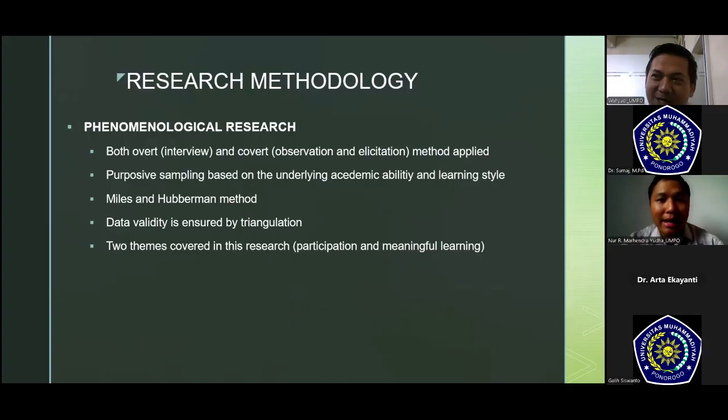If we match the data from the students to the teacher and see some similarities between them, therefore we can conclude that the data is roughly valid. And there are only two themes in this research, which are participant and meaningful learning. We're not talking about anything else other than these two themes. Next slide.